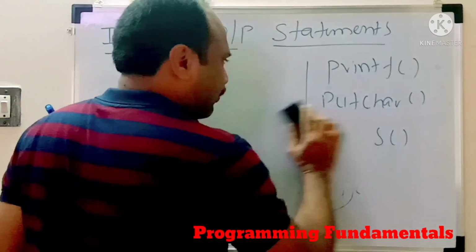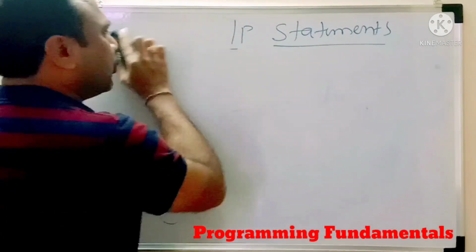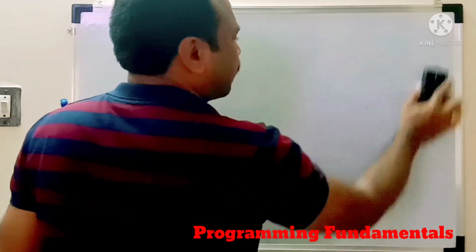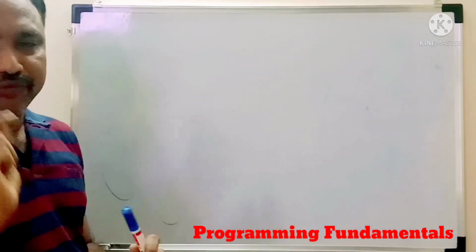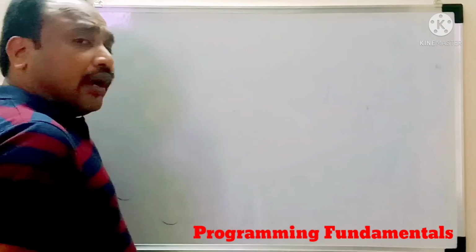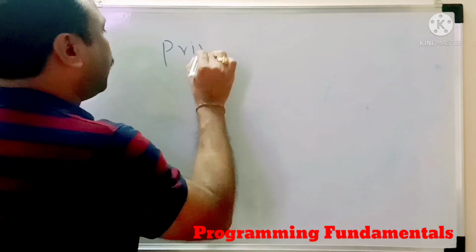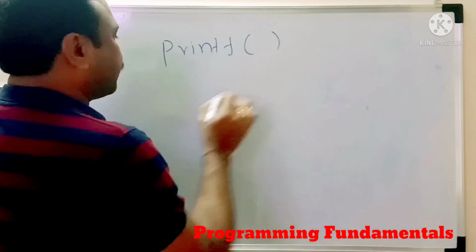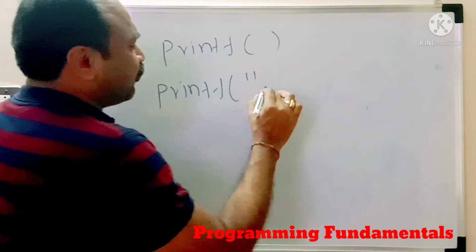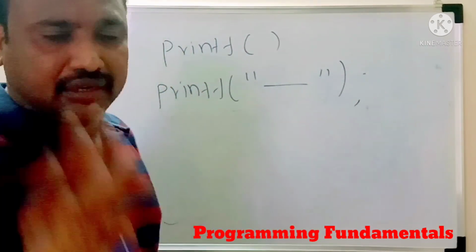Sir, while referring to some textbooks, I think they are talking about formatted IO. What is the difference between formatted IO and unformatted IO? Listen, in my previous video I clearly explained, when you use printf to print a result, in printf, whatever you write in double quotes will be printed straight away on the computer screen.